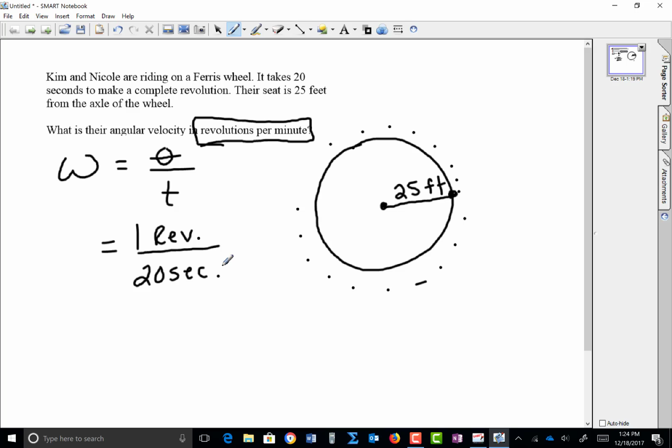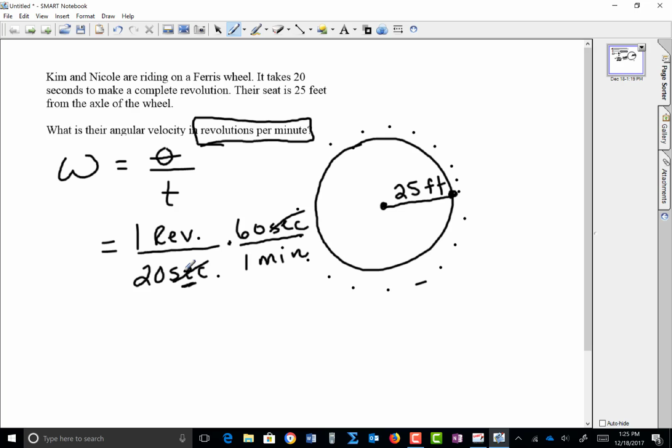So we can do this one pretty easily in that we already have revolutions and we need it to be in minutes, and we know that there are 60 seconds in 1 minute. This is dimensional analysis. If you have the seconds on the bottom and you want to make seconds go away, you put seconds on the top of a fraction, and you can make those two cancel.